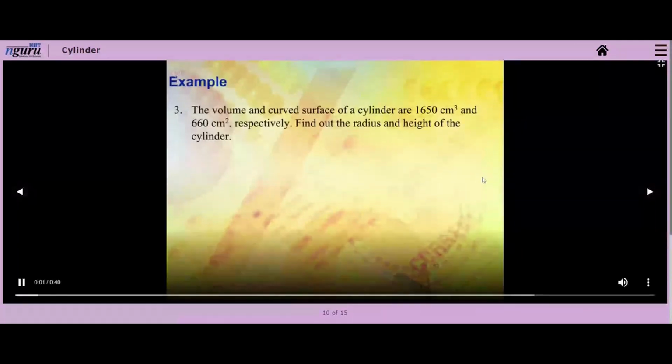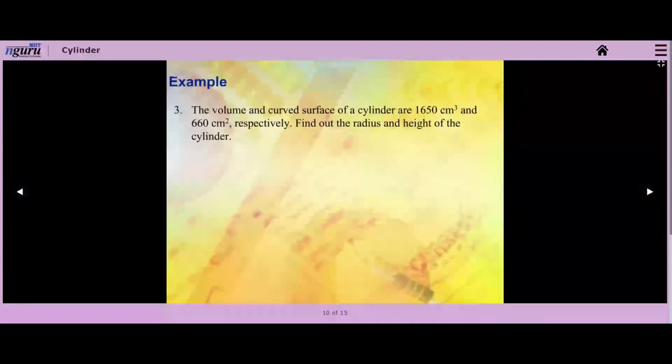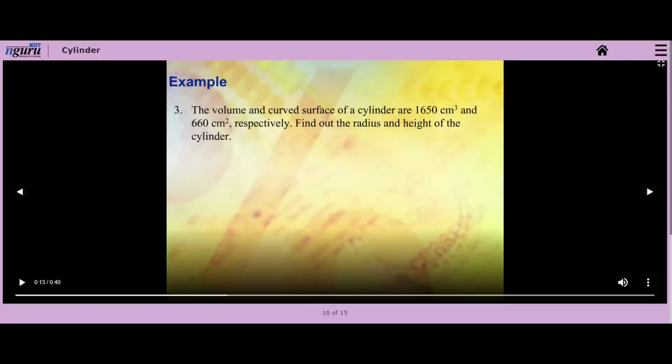The volume and curved surface of a cylinder are 1650 cubic centimeters and 660 square centimeters respectively. Find out the radius and height of the cylinder. Do this. Got it?